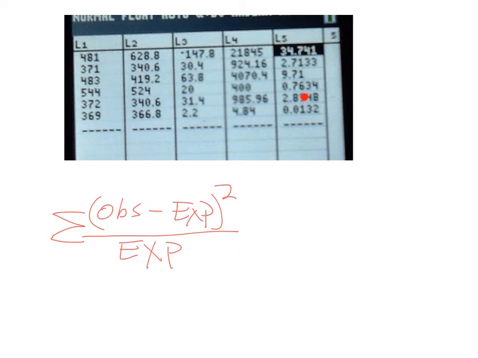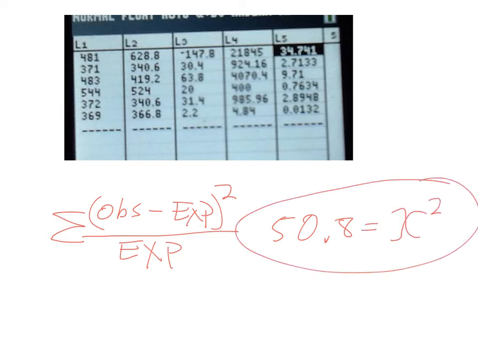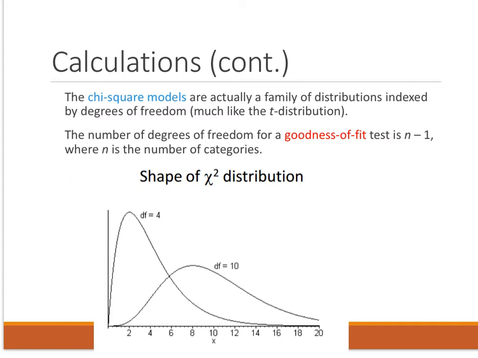Now if we add these all up, and that's what the chi-square statistic says to do, find the sum. When I did this earlier, I got 50.8-ish. And that's my chi-square number. So that's my test statistic. Well, what does that mean? The chi-square statistic, unlike the normal curve that we base the t distribution and the z distribution on, is a little bit different shape.